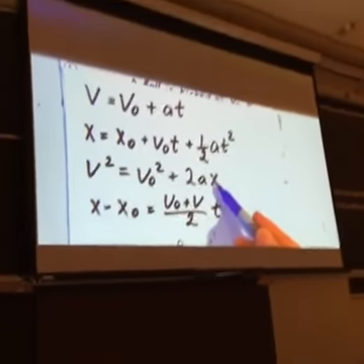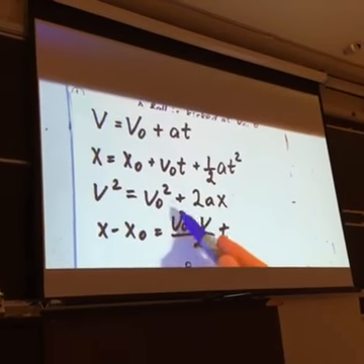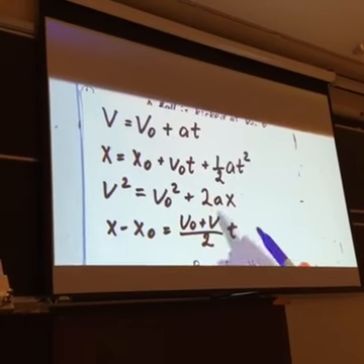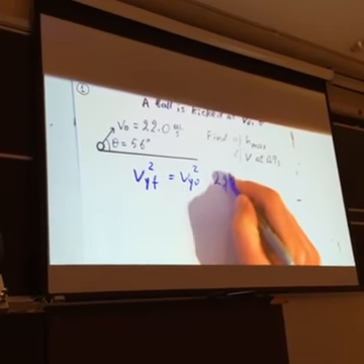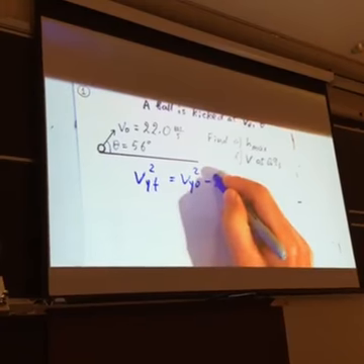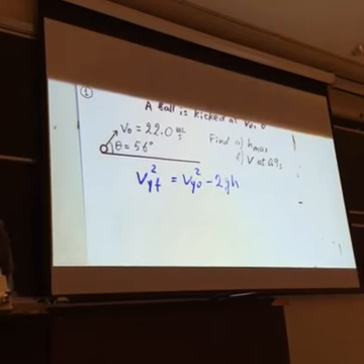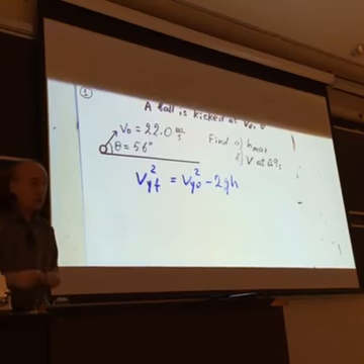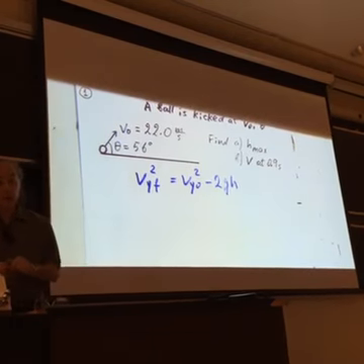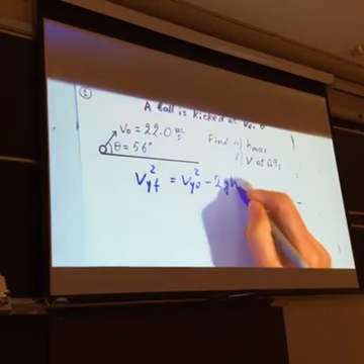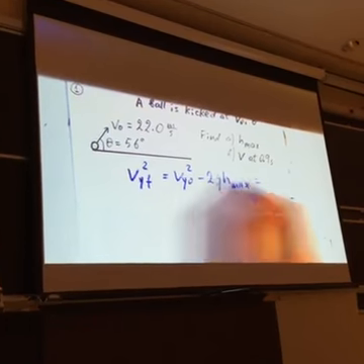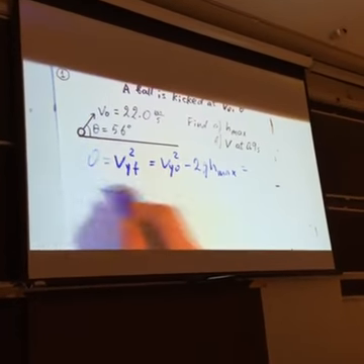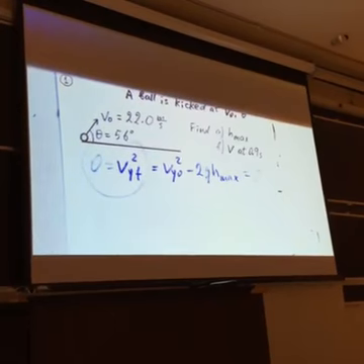For the y component, a equals negative g, and the distance would be basically the height. I can write minus 2gh. h is the vertical distance traveled, and I know that the y component of velocity becomes 0 at the highest point. So this equals 0 at maximum height, and this whole thing becomes 0.